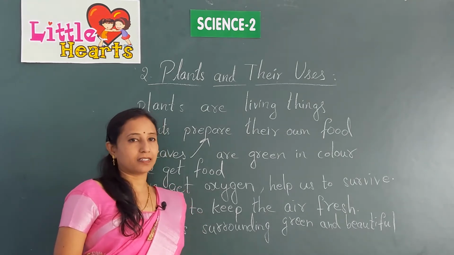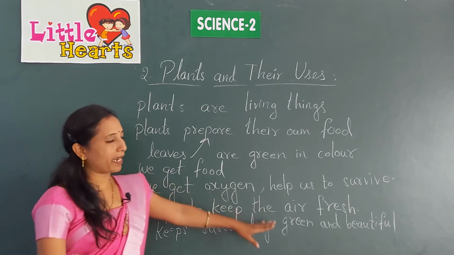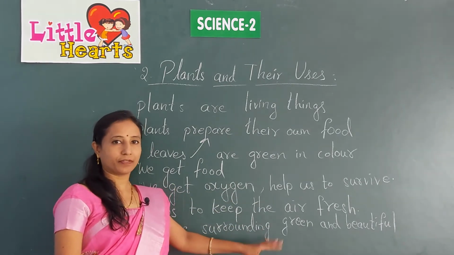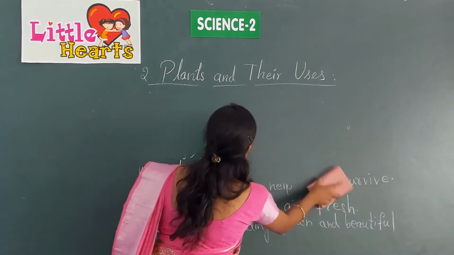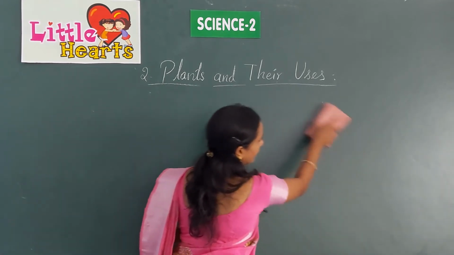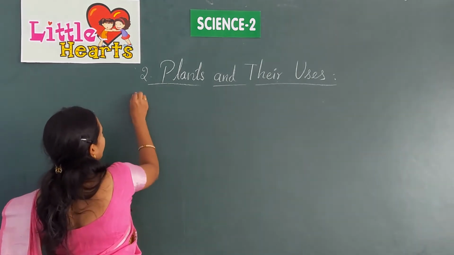Food materials. As we have discussed, we get many things from plants, and we also get many kinds of food materials. We'll discuss it now. So the first one is food materials.